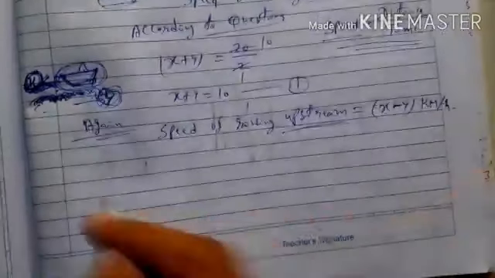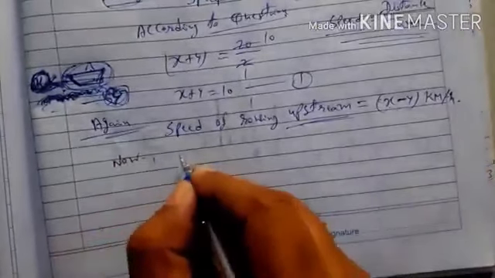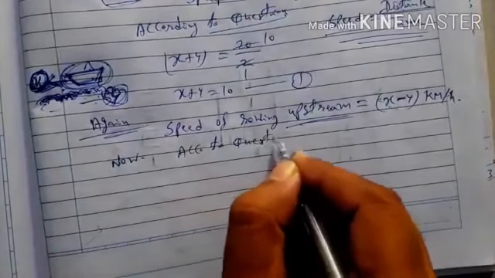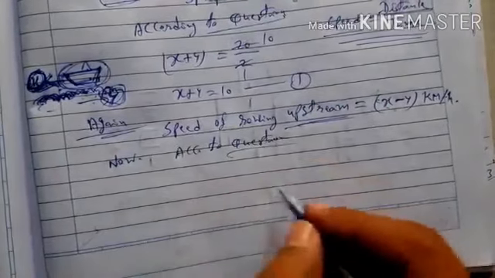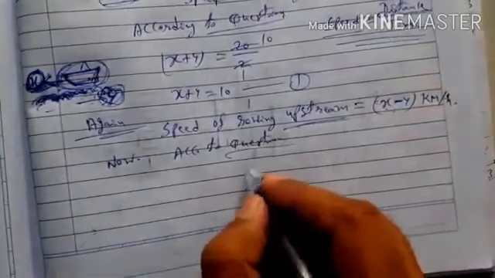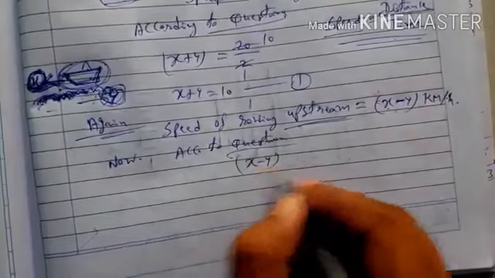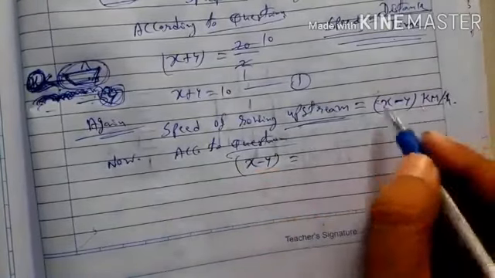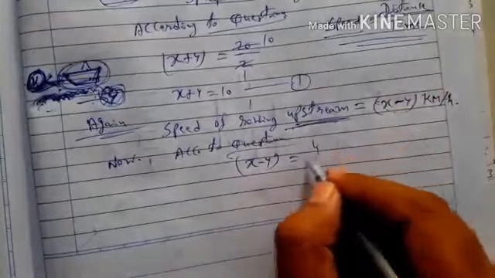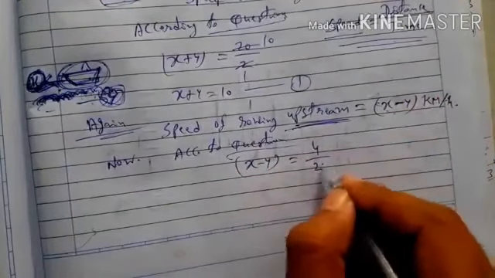Okay. So now according to the question, same formula, speed equal to distance upon time. Speed is x minus y, the upstream distance is 4 kilometer, and the time is the same 2 hour.